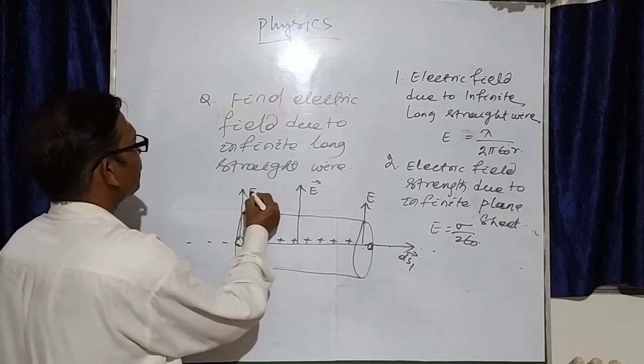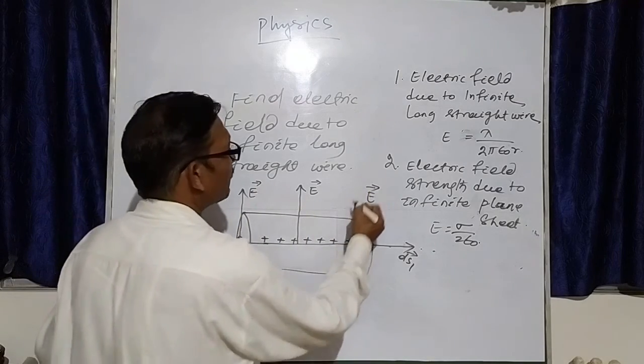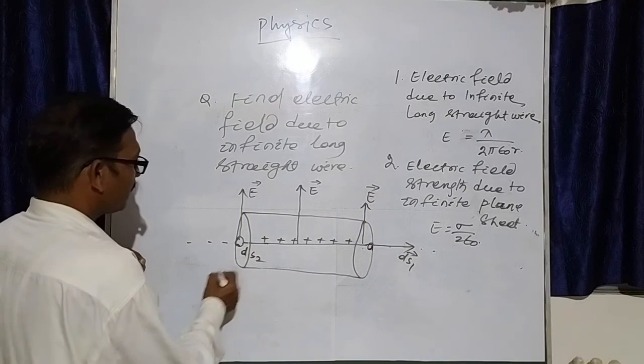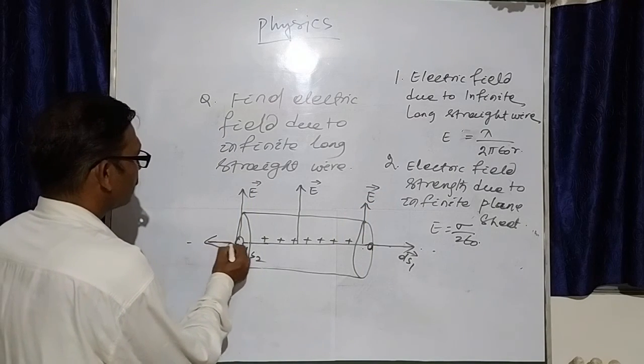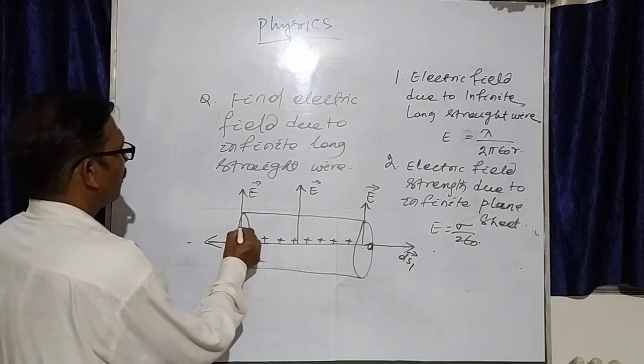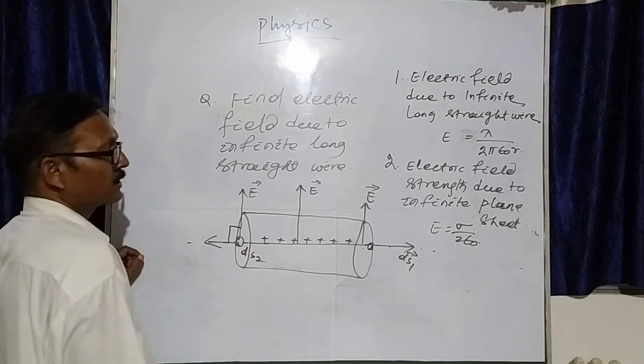If you consider a small area here, this is called ds1, this is called ds2, the small surface areas. The electric field is in this direction. This is also the electric field direction.